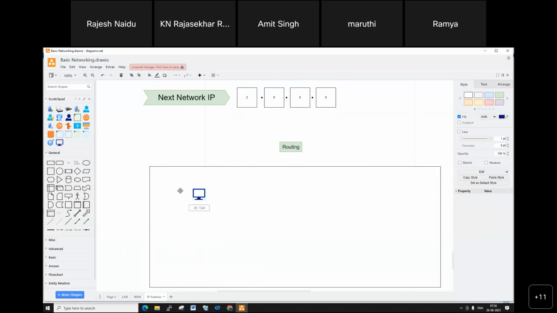These systems are connected like this. Four. I'll add two more.